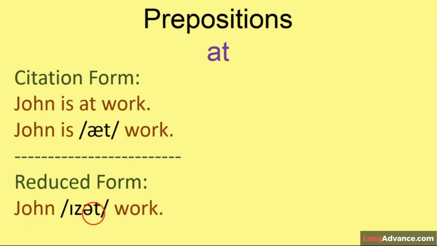"At," in reduced form, uses the schwa, and so the schwa plus the T sounds like "ut." And this is often combined with the word "is" when they are taken together. So we say, "is ut."